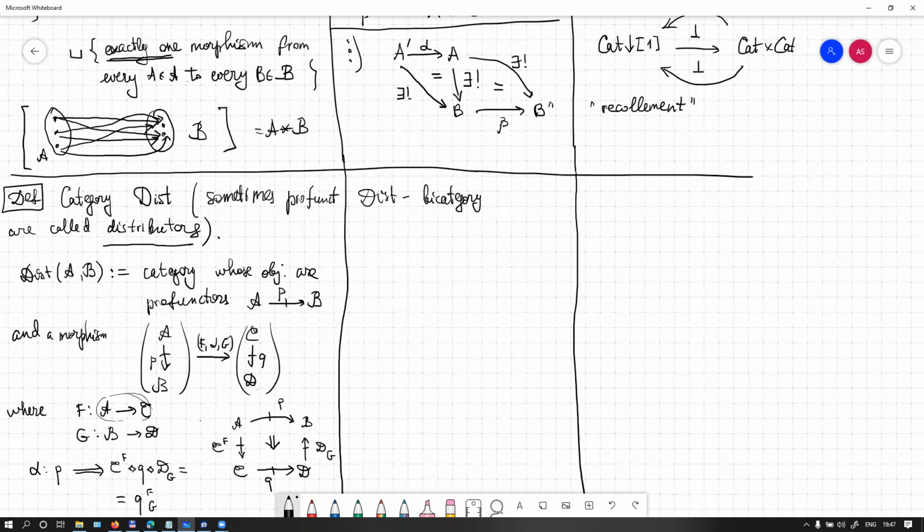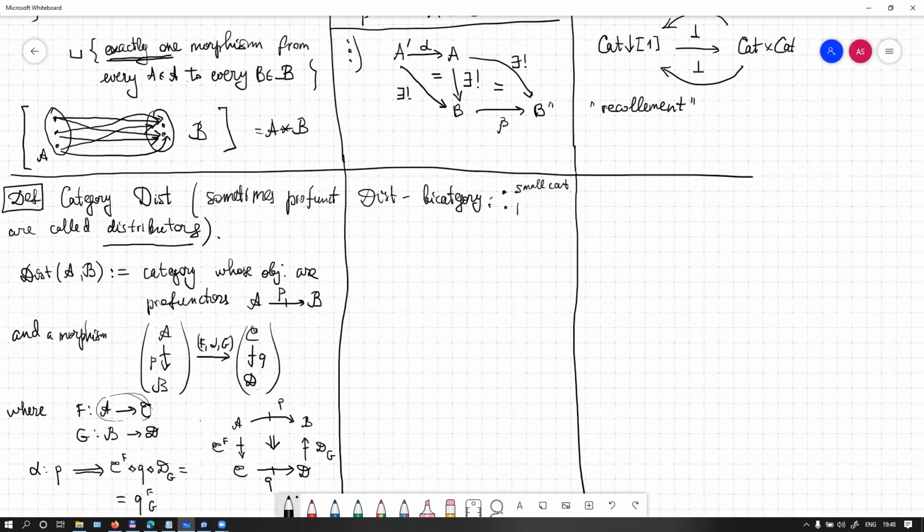Okay, this is a bicategory. So it has objects, which are small categories.